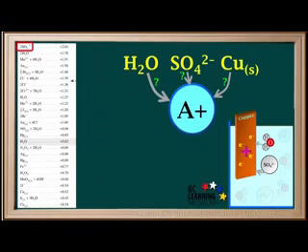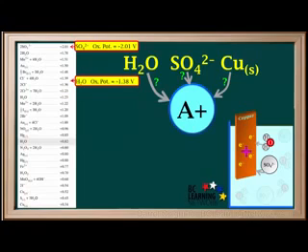So the oxidation potential of the sulfate ion, SO4, is negative 2.01 volts. And neutral water, because of the overpotential effect, behaves like its oxidation potential is negative 1.38 volts. And copper metal oxidizing to copper 2 plus ions has an oxidation potential of negative 0.34 volts.